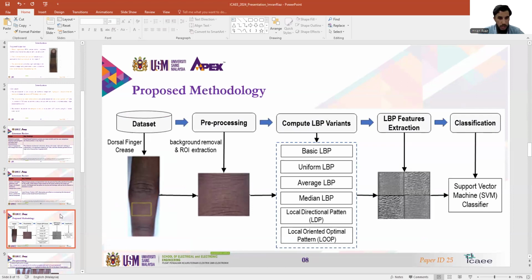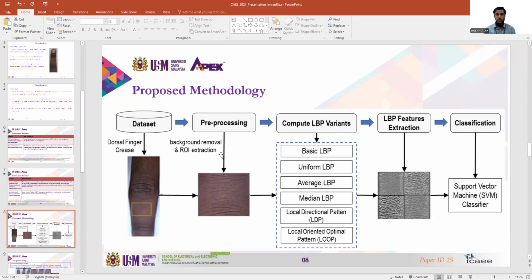So after this brief literature review and introduction, I am going to explain the proposed methodology. In our proposed methodology, first of all, we acquire the data set of the dorsal finger surface images, and then in this highlighted yellow portion, we apply the pre-processing techniques to extract the region of interest area of the creases image.